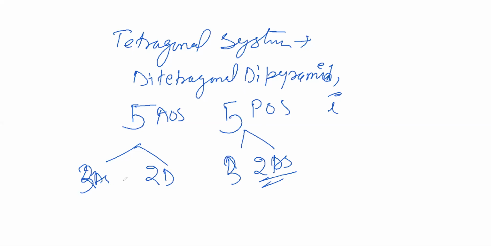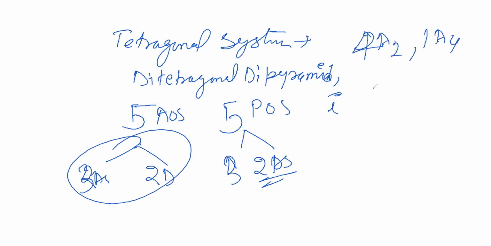Now, if you see here, these three axes, how these are there. There are 4 axes of 2-fold symmetry and 1 axis of 4-fold symmetry. 4 plus 1, 5. And 5 mirror planes, 5M.